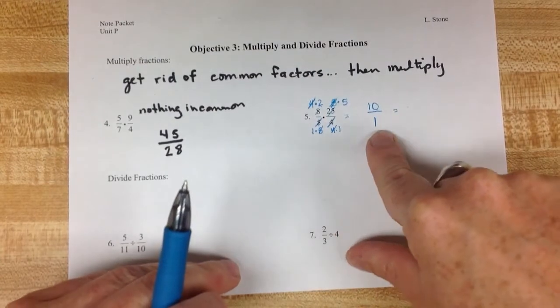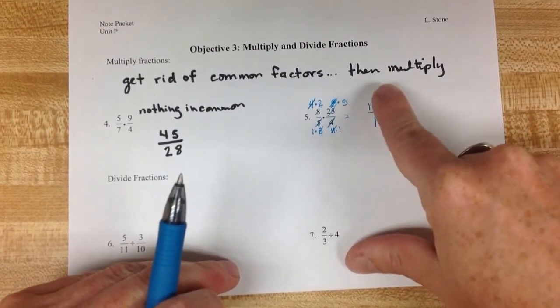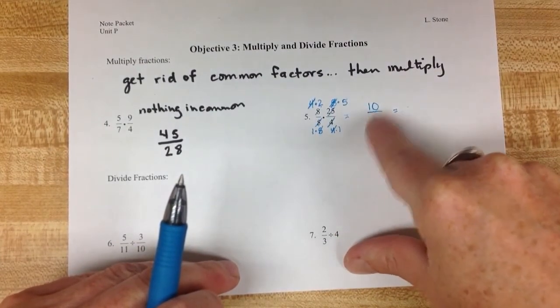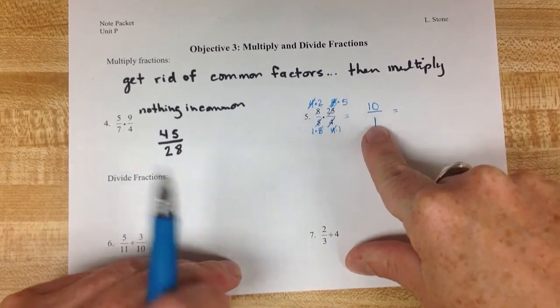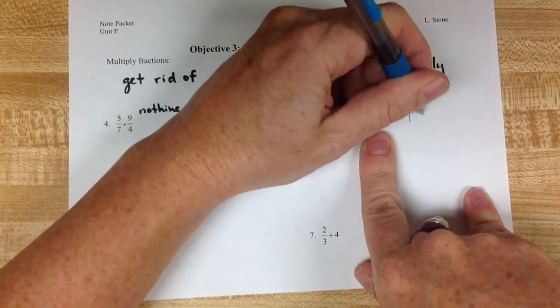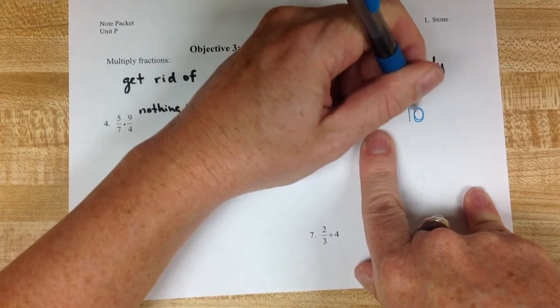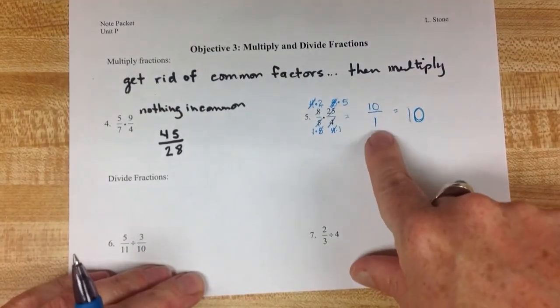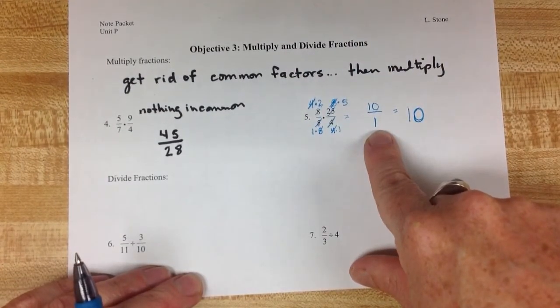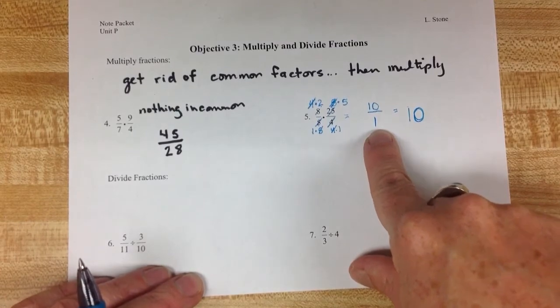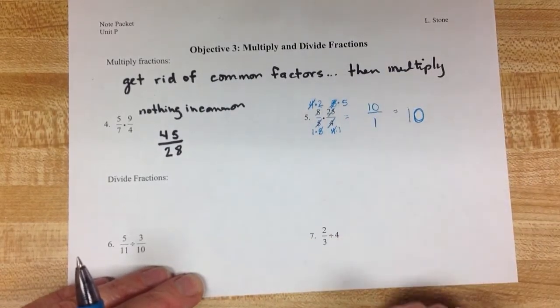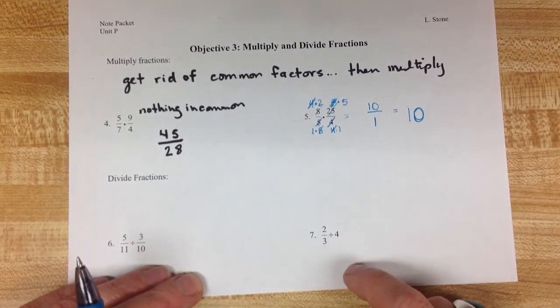But since this is ending up in our denominator, and a whole pizza, 10 pieces of whole pizzas, is the same thing as just having 10 pizzas. So if your 1 ends up in the denominator, it's okay to get rid of it. The same is not true if it ends up in the numerator, because a tenth of a pizza is not the same thing as 10 pizzas.